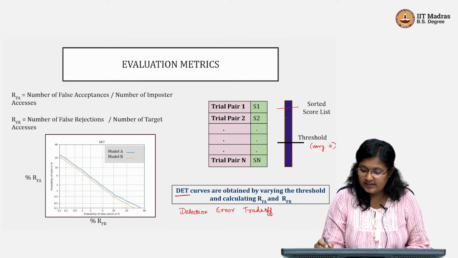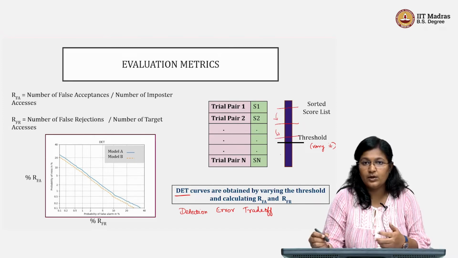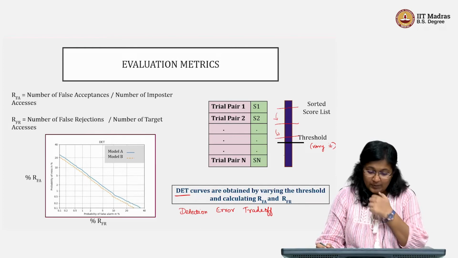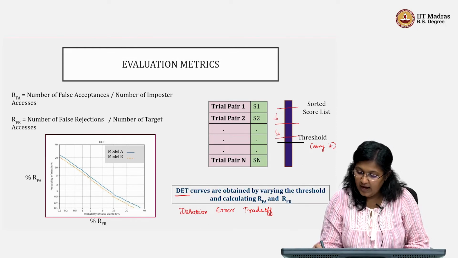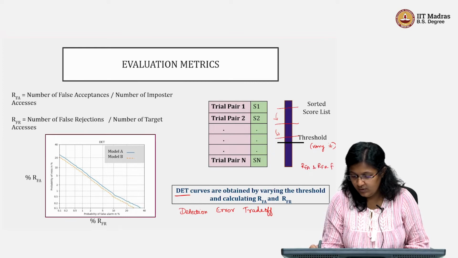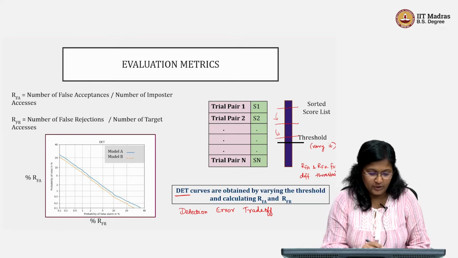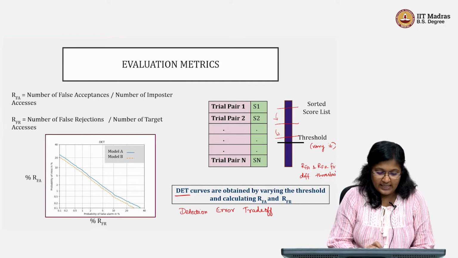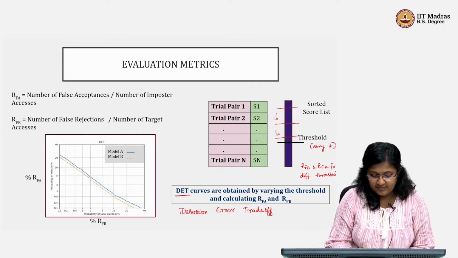First you will keep it here, then you will move it here, and then here, not in a quantized fashion, but in a continuous fashion. And you will get the RFA and RFR for different thresholds and plot them. When you vary the threshold, the RFA and RFR will vary.